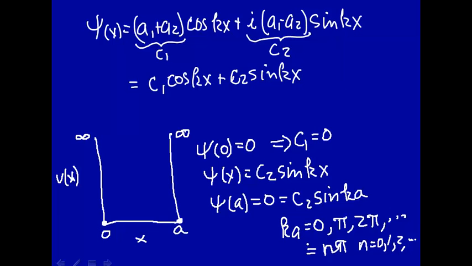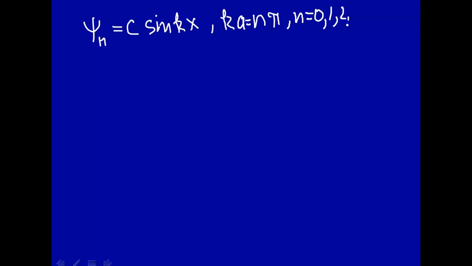Okay, well, let's look at this a little more closely now. Let's go down to a new page. So now our wave function psi, which we're now going to characterize by a quantum number n, so we'll get a different wave function for different values of n, is equal to C times sine of kx, where k is equal to n pi over a, where n is equal to 0, 1, 2, and so on.